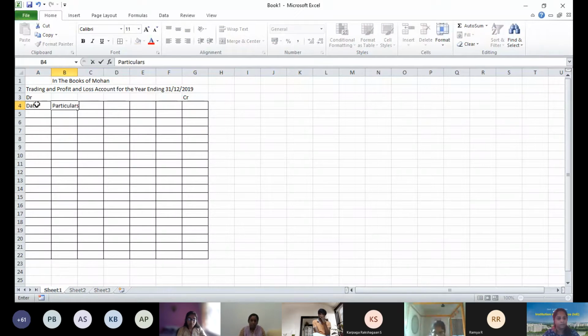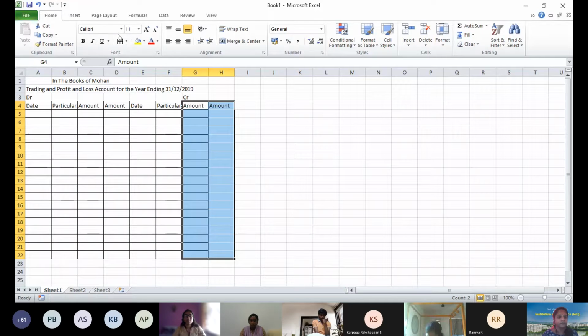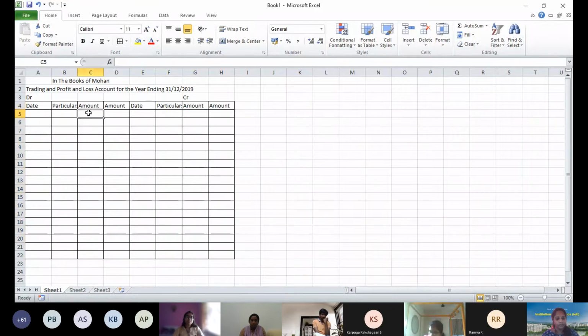Particulars. Amount. Amount. Date. Particulars. Amount. Amount. So there is one more column which I have to give. Here it's rupees. Here it is rupees. So I am ready with my format.